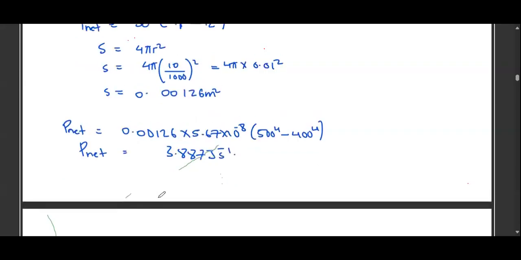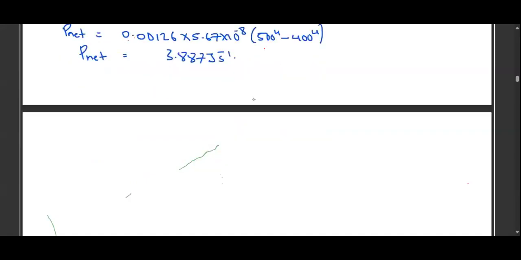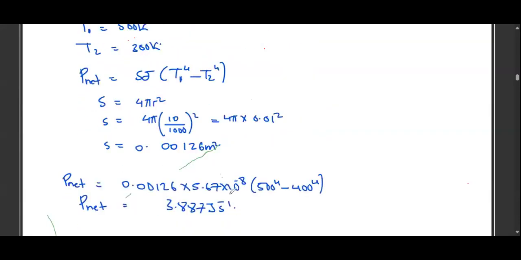Now, this is the amount of heat that will be lost by the copper sphere per second. But remember that heat lost by the copper sphere can still be given by mass times C times change in temperature. Our mass is given by volume times density.